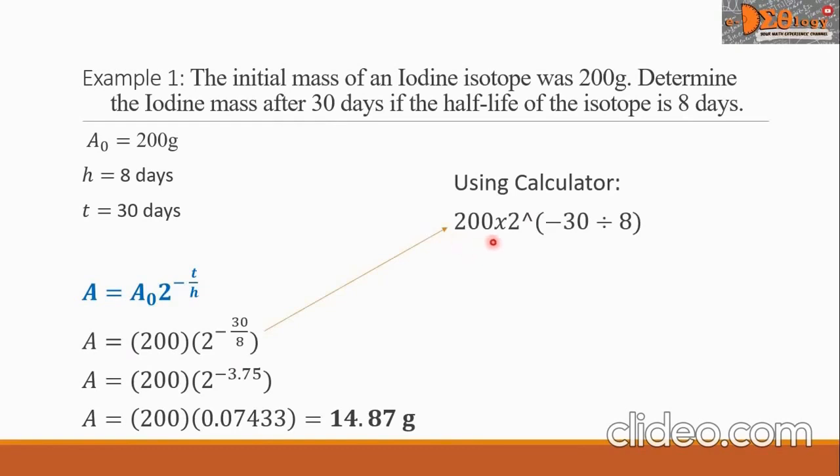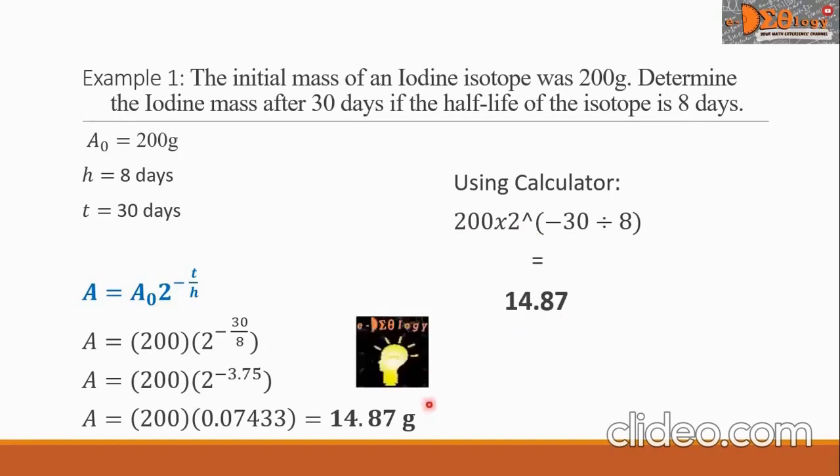First is the 200 times 2, then the symbol raised to, open parenthesis, the negative 30 divided by 8, then close parenthesis. Then we hit the equal sign, and the answer will come, the 14.87. So this is our final answer.